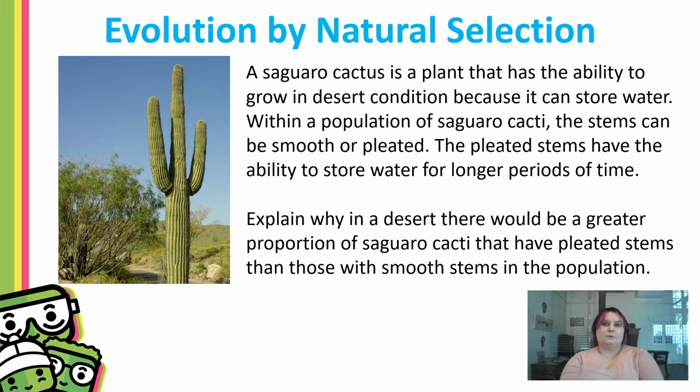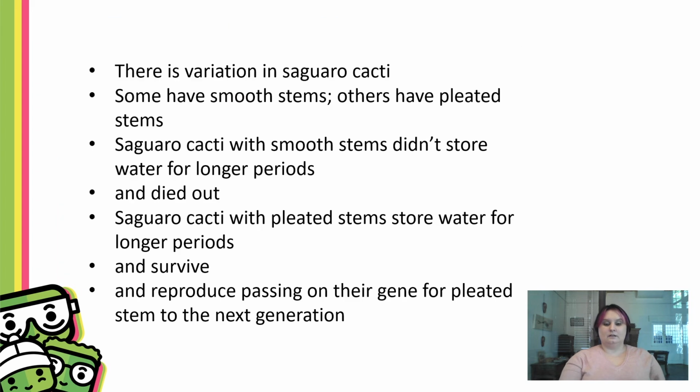All right, so within a population of these cacti, some individuals have smooth stems and some individuals have pleated stems. So we see genetic variation within the population of cacti. Those that have the smooth stems are unfortunately not able to store water for as much time. Therefore, they dried out and they died.